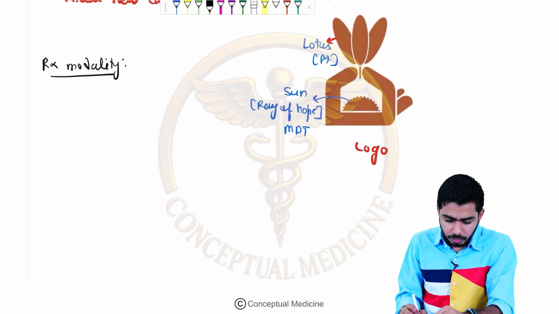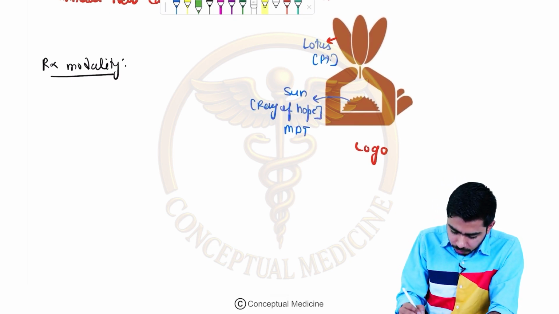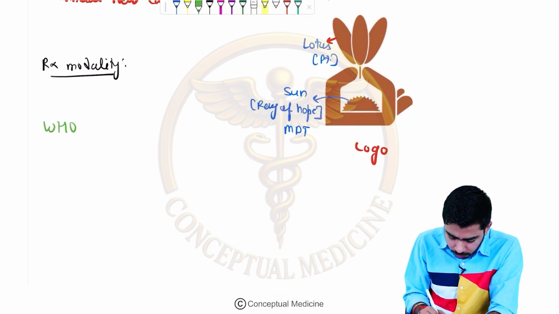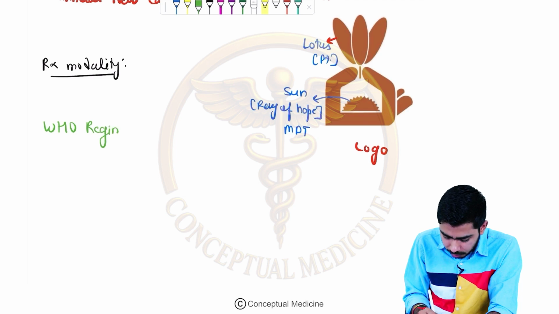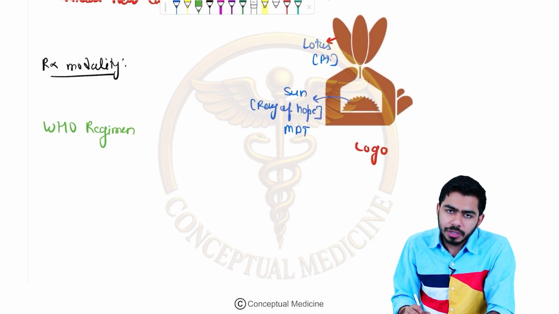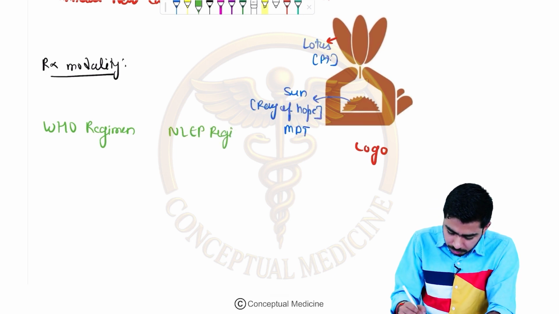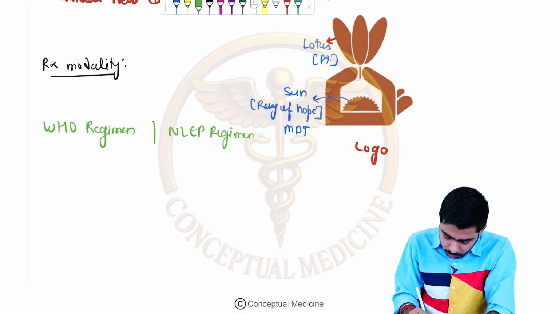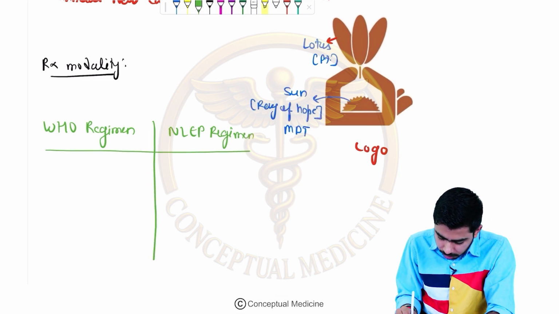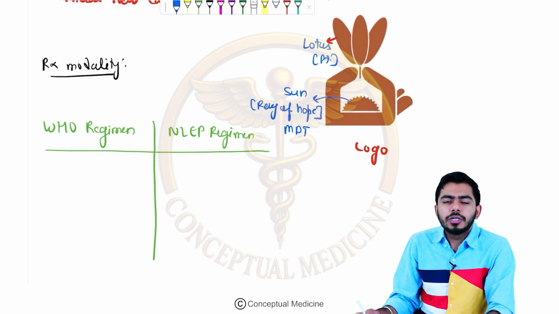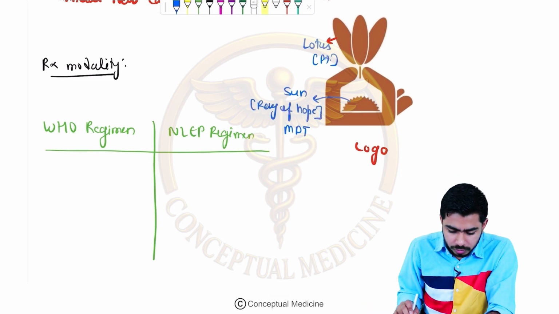We are having two categories over here. One is the WHO regimen. On the other side, I might be talking about the National Leprosy Eradication Program regimen, right? So let's just talk about them, like what points they are talking about, what drugs they are using and all of these things.